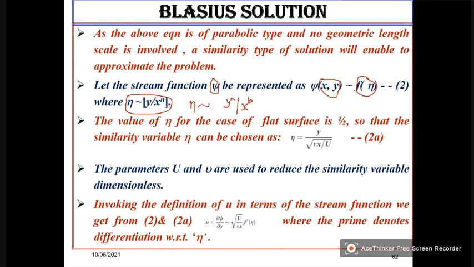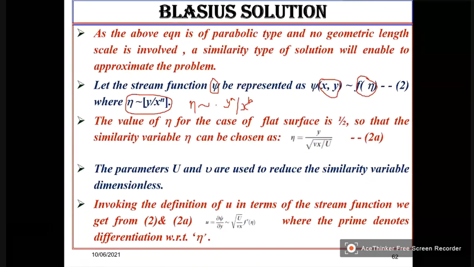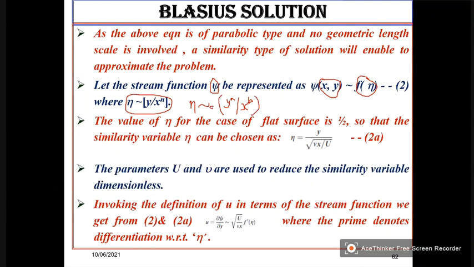Because this is free from length scale, if we take the a-th root of this, it will become y divided by x to the power of b by a.